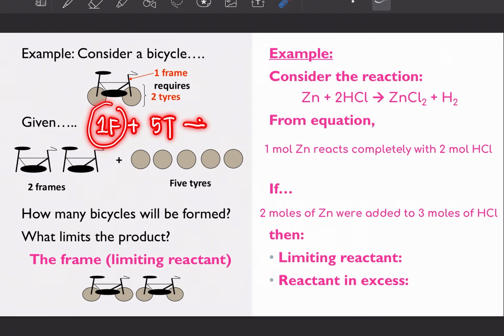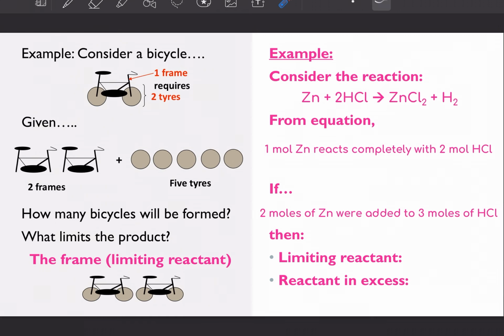So maksudnya the frame will tentukan how many bicycle that we will produce. Okay, so maksudnya the number of frame, when it is the limiting reactant, will tell you the number of bicycle that you will produce, bukanlah tire.